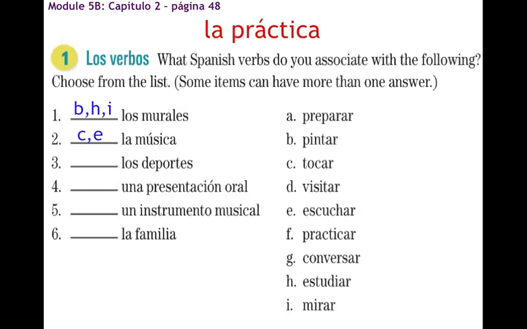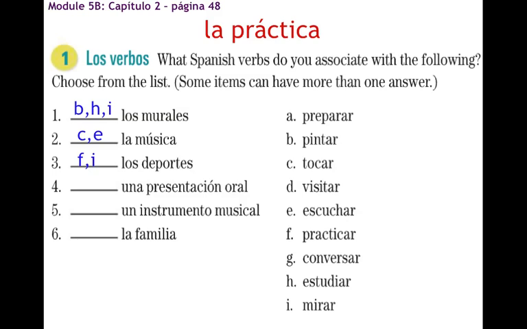F. Número 3, los deportes. F and I. Practicar los deportes, mirar los deportes, of course, watching sports por televisión, en la televisión.